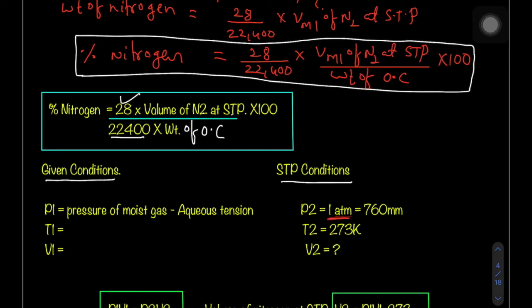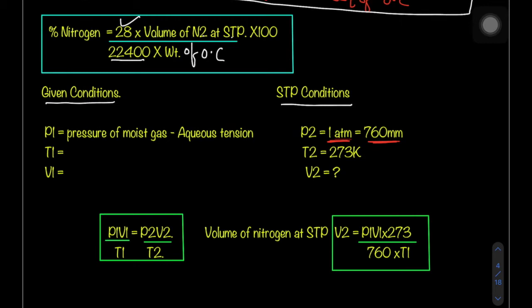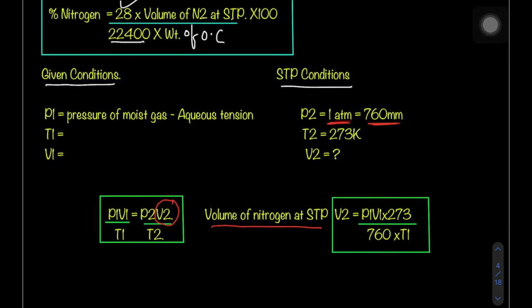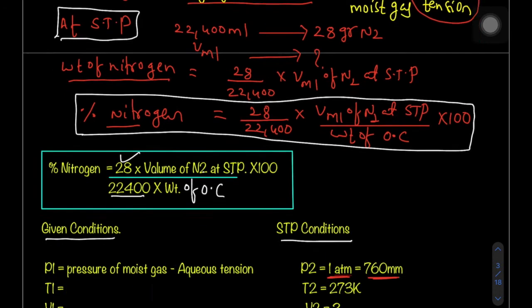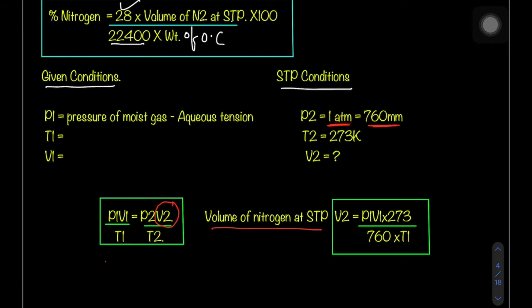Now come to STP condition. What is the pressure at STP? 1 atmosphere, or in terms of mm, 760 mm. Temperature 273 Kelvin. So we can find the volume of dinitrogen gas at STP. How? P1 V1 by T1 is equal to P2 V2 by T2. From here, what is V2? Volume of nitrogen gas at STP. After getting the volume of nitrogen at STP, we can find the weight of dinitrogen, from which we can find the percentage of nitrogen.